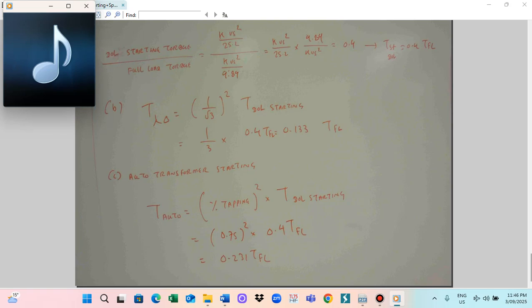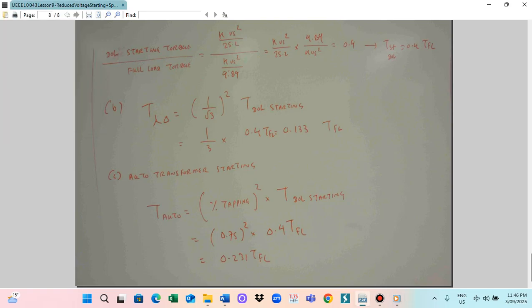So for auto transformer starting, the equation is T auto equal to percentage stepping squared multiplied by T direct online starting.